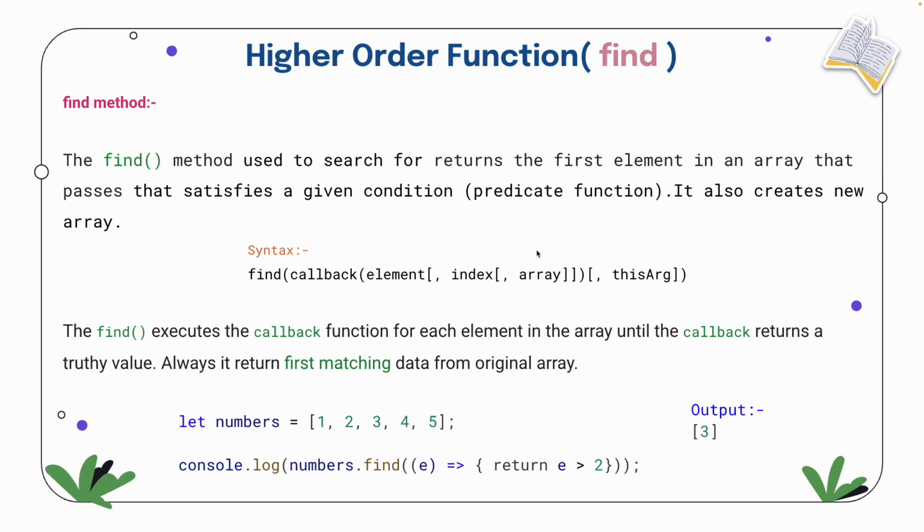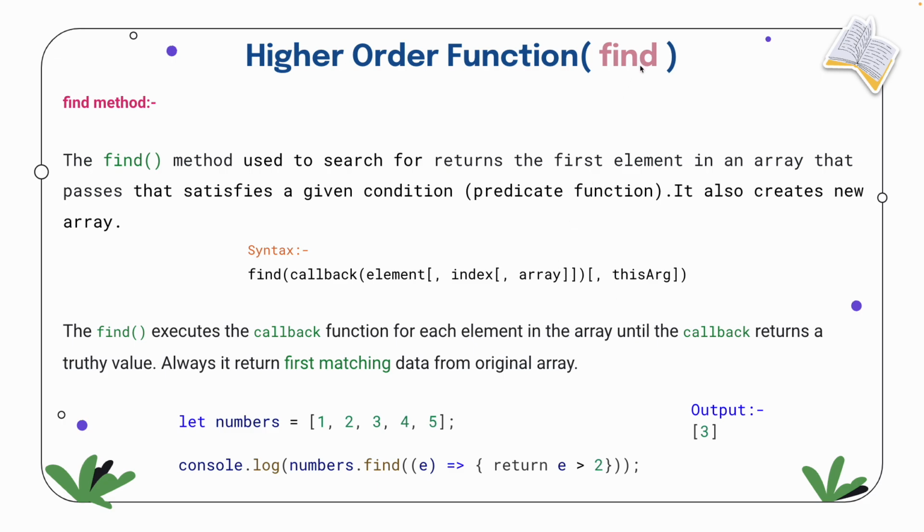But why do we go for find? Because indexOf and includes always work on static data. You can't write indexOf greater than 20. Have you ever seen anyone write indexOf greater than 20? You can't. You have to write indexOf some static element, like indexOf 10, indexOf 11, indexOf 13. But if you want to get data based on some condition, then you have to go for find.